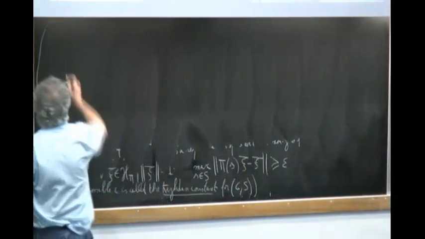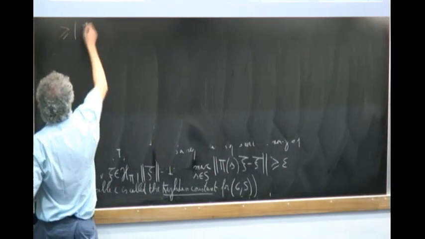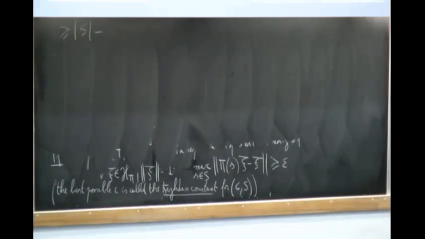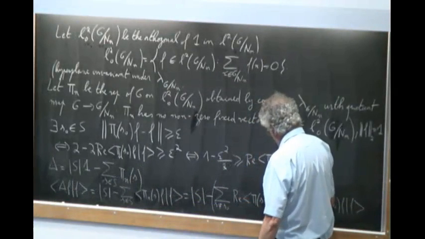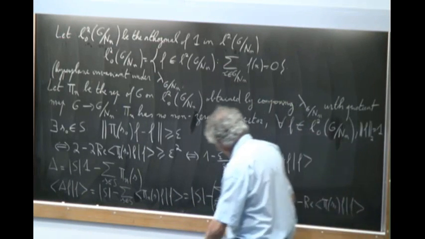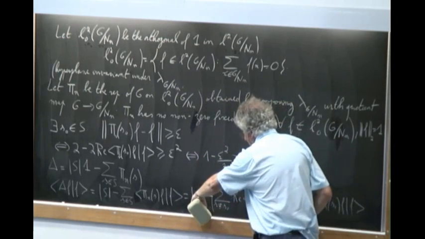So this will be greater than the cardinality of S minus. Here, every one of the terms, just by Cauchy-Schwarz, is less or equal to 1. How many of them? Cardinality of S minus 1.